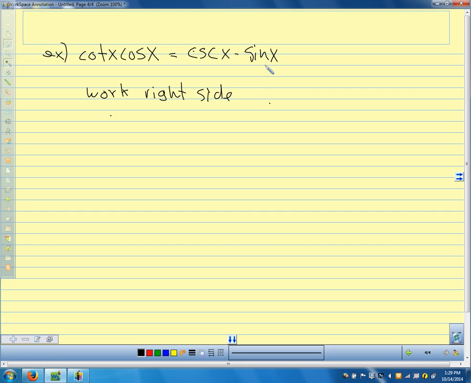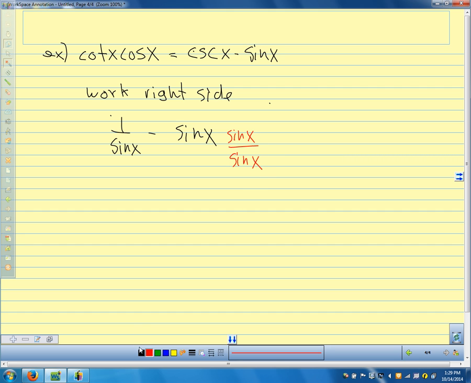What's the most obvious thing? What's cosecant x? 1 over sine x. So I'm going to say 1 over sine x minus sine x. Now I need to subtract these two things. What do I need to do to subtract those two? Common denominator. So I'm going to multiply this by sine x over sine x.